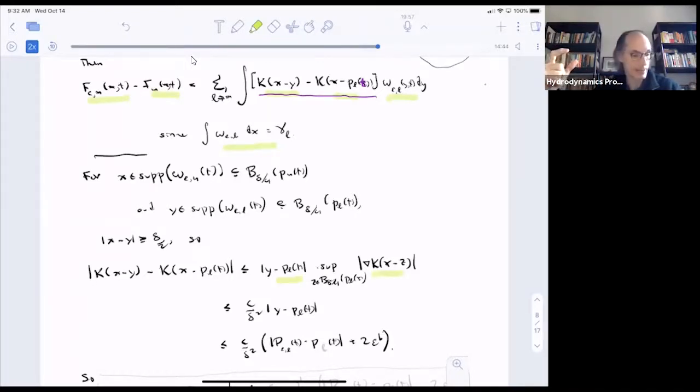And again, because x is over here and the segment is contained in the ball of radius delta over 4 around a different point, z, wherever it is, is at least a distance delta over 2 from x.